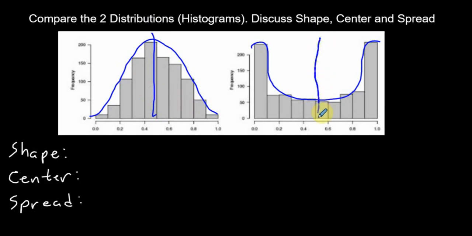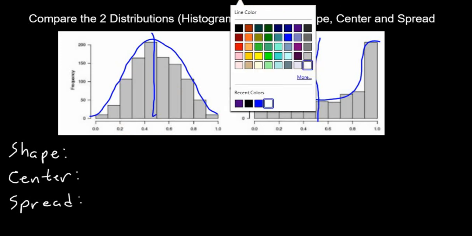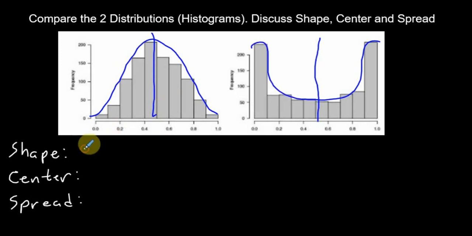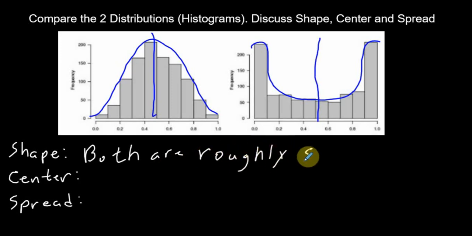Draw a line in the middle and fold, it's a pretty good match. So I would say that both of these are symmetric. In the real world, you're usually not going to get exactly symmetric. So we say both are roughly symmetric.